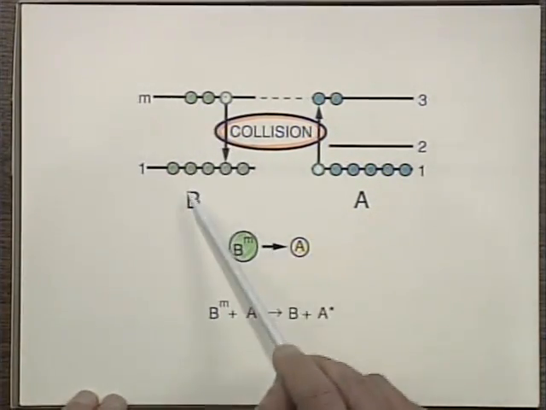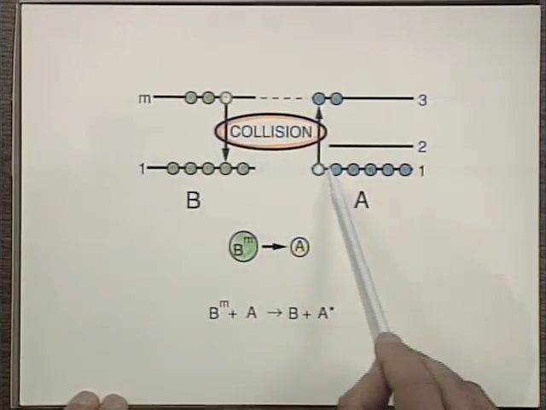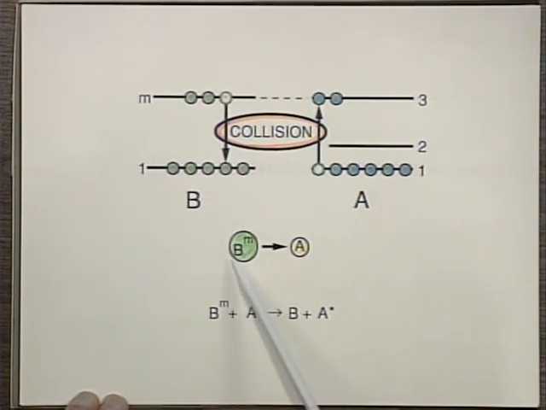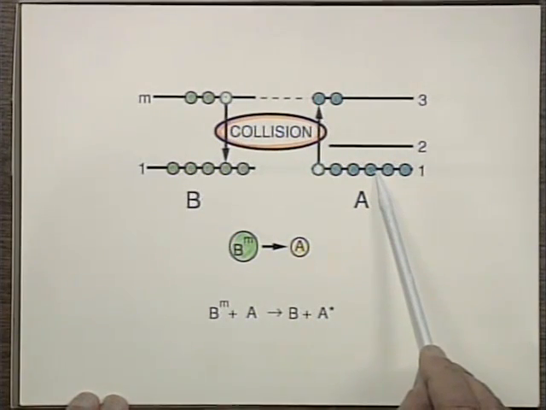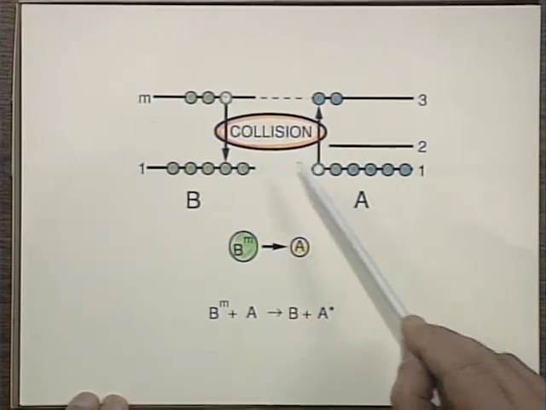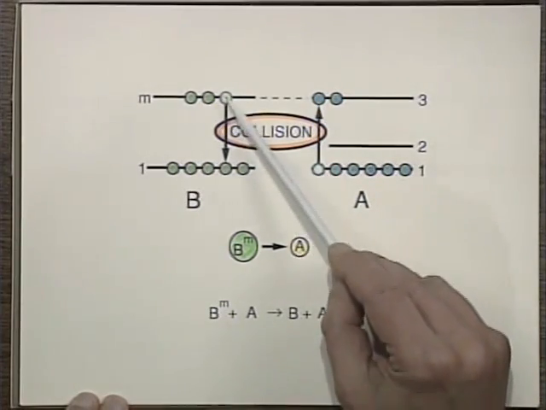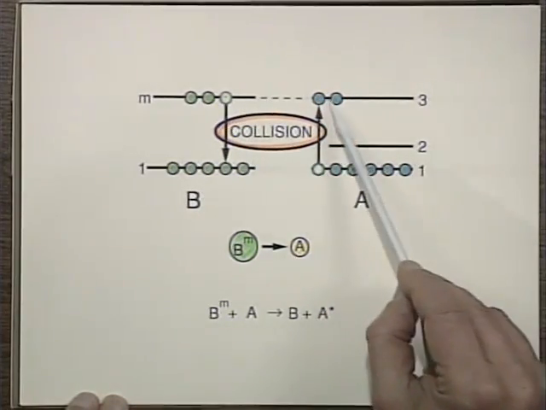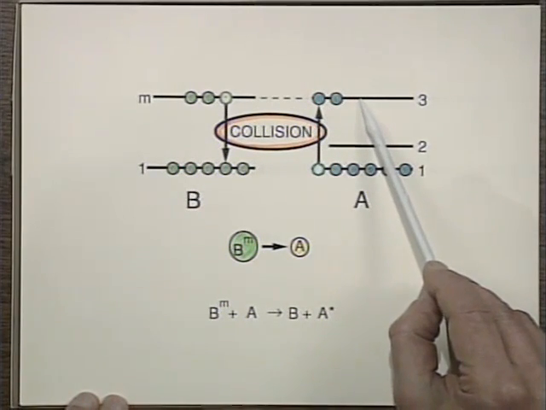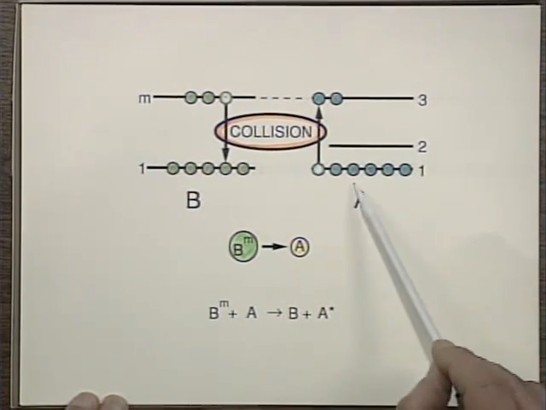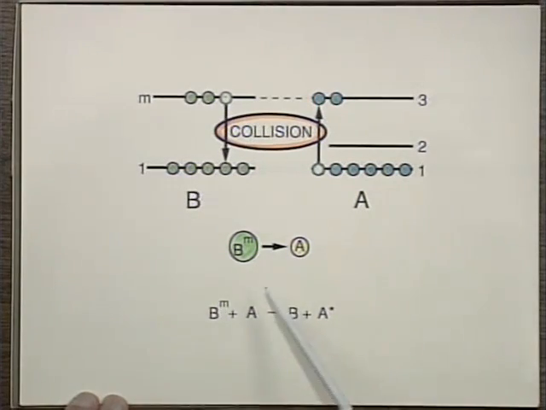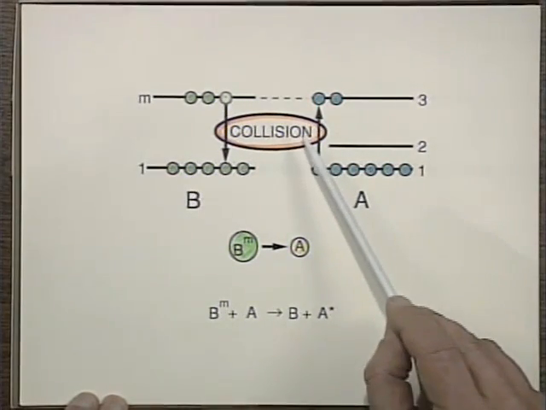Now, when you get a B in this level that collides with atom A, that's what we show here, B metastable colliding with atom A in the ground state, then, if the energy level of this metastable is close to the energy level E3 in atom A, there's a good chance that you will get excitation.